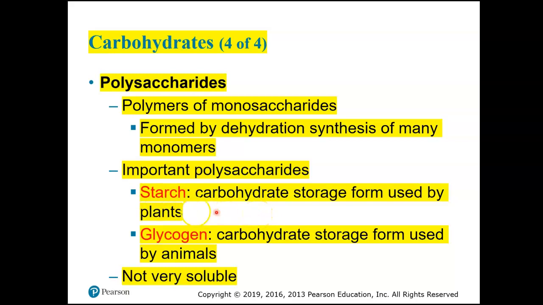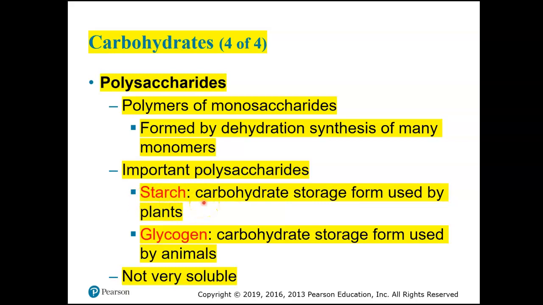Starch is the carbohydrate storage form used by plants. Plants take the food they make by photosynthesis, typically in the form of glucose or fructose, and store those monosaccharides in chains, typically in the root of the plant, and that is the starch.